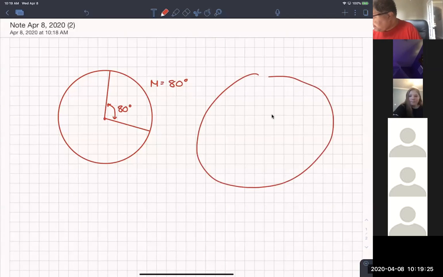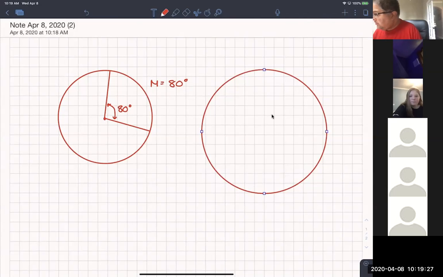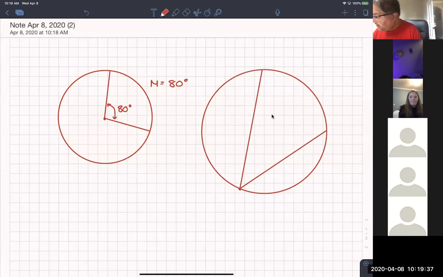Now, this is in contrast to an inscribed angle. An inscribed angle is an angle whose vertex is actually on the edge of the circle. So does everyone see the difference between a central angle and an inscribed angle?